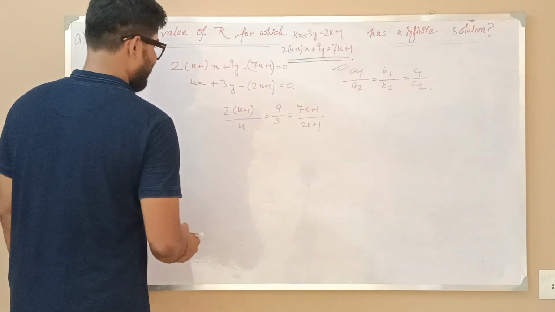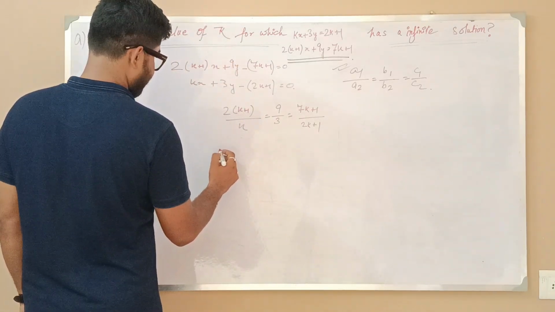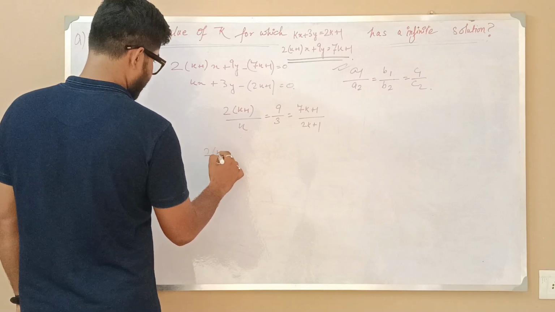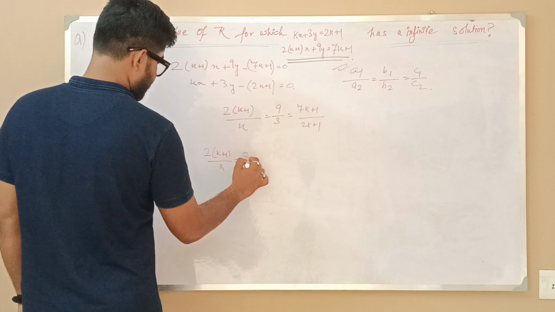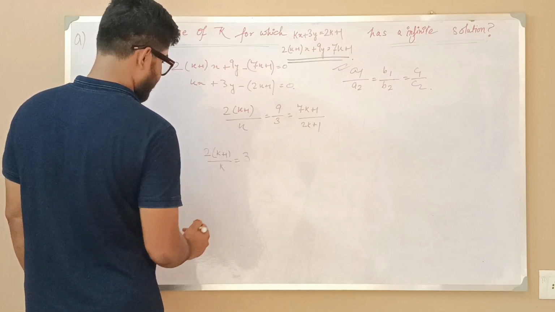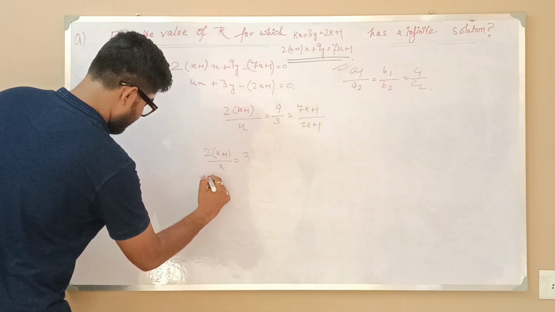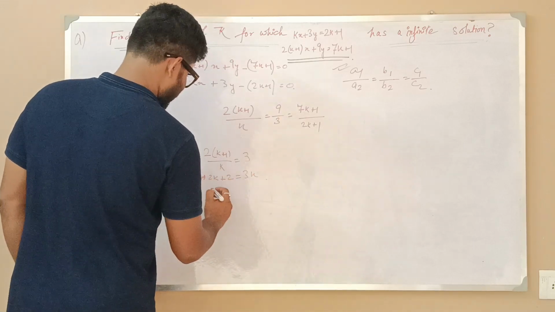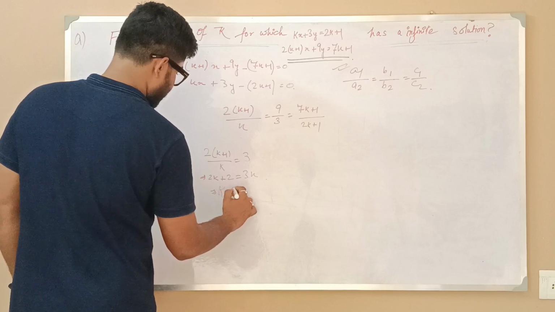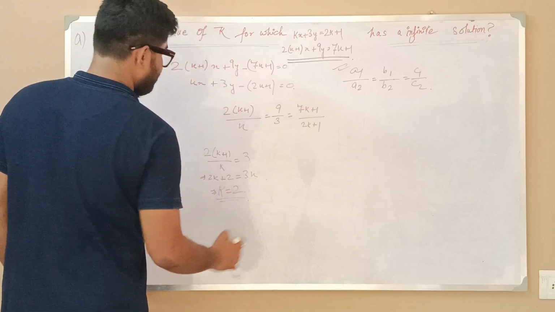Now we can write 2 into k plus 1 by k equals to 3, because 9 divided by 3 is 3. So 2k plus 2 equals 3k. So the value of k will be 2.